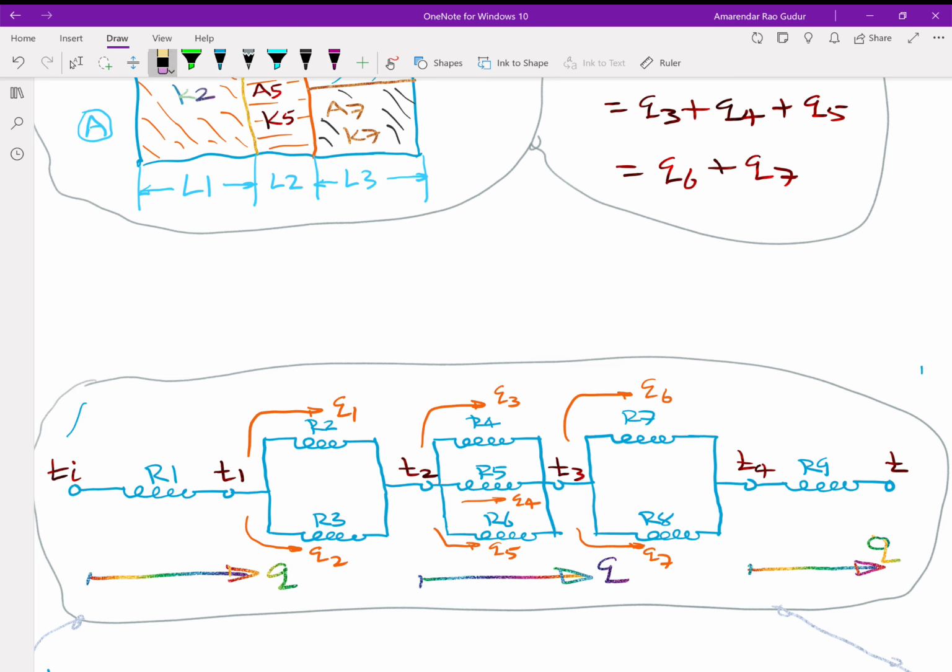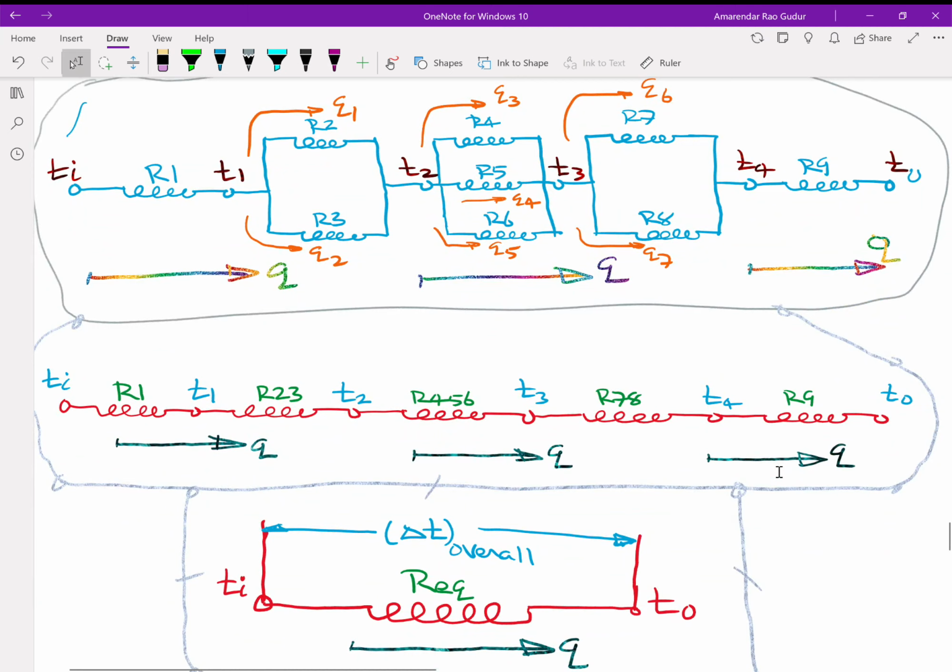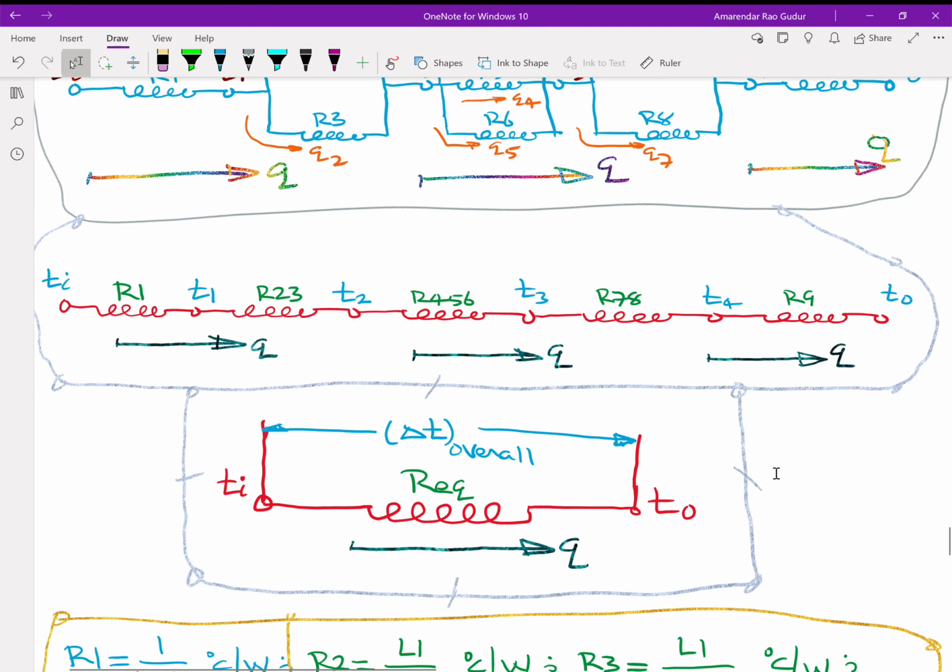Then this Q is undergoing various manipulations. You can see first you replace R2, R3 by R23, R4, R5, R6 by R456, R7, R8 by R78. Now you have everything operating in series. R equivalent will be R1 plus R23 plus R456 plus R78 plus R9.